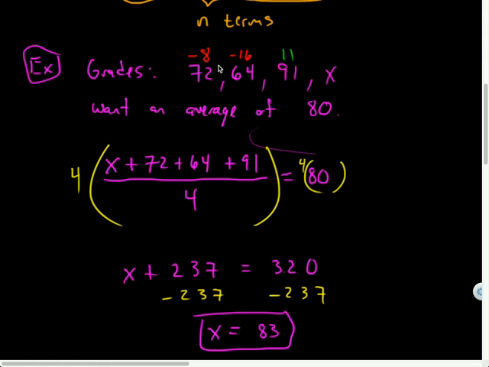So basically, I'm looking for a number that will be whatever above 80 to counteract and balance those out. That's the way I like to think about it, just in terms of some awareness there. So that's negative 24, so I would need a 24 above 80.